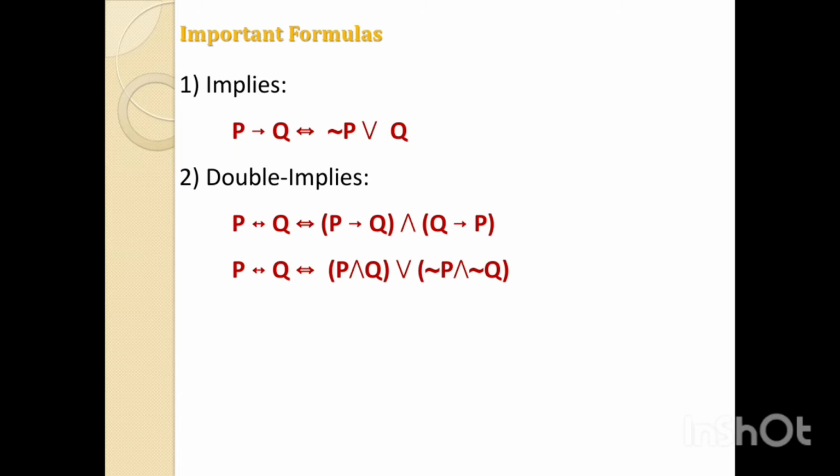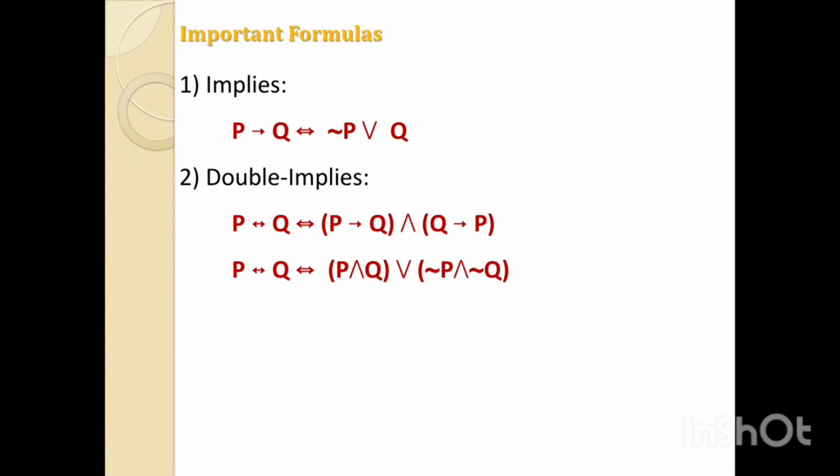Now let's discuss some important formulas. We have two important formulas, one for implies and the second for double implies. The first, the implies formula, is P implies Q is logically equivalent to not P or Q, and we have two formulas for the double implies.